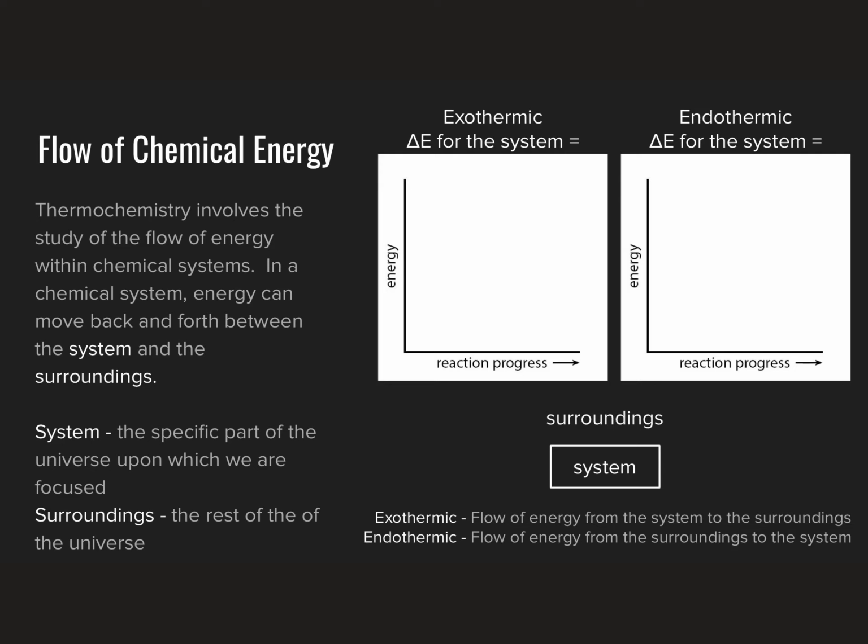Because what we're interested in with chemical reactions is understanding the movement of that energy into or out of the system, we're going to be dividing our universe up in the world of thermochemistry into two distinct parts. Number one is what we refer to as the system, which is really the chemical reaction we are currently examining. And number two, the other part of the universe, is what we refer to as the surroundings, which literally is everything that's not in the system, the entirety of the rest of the universe.